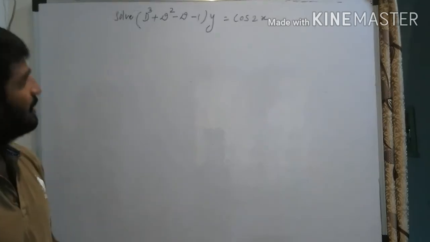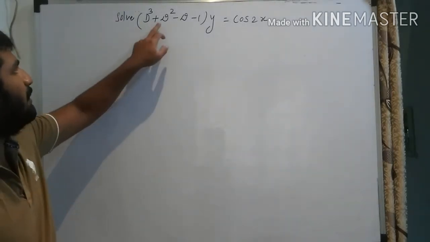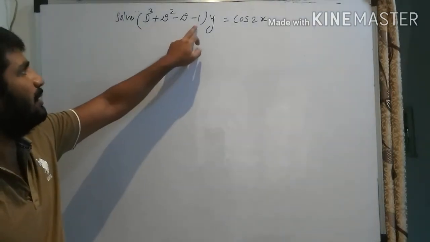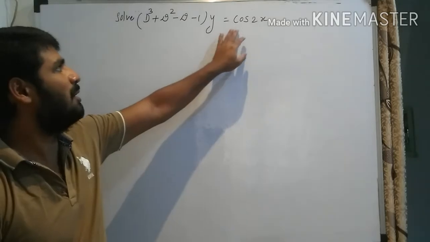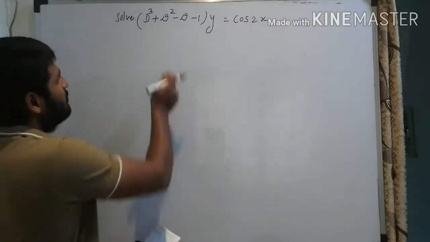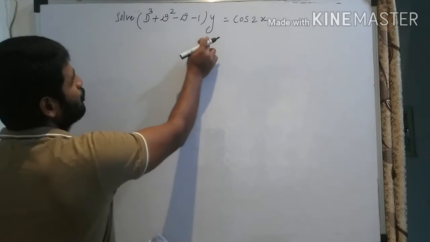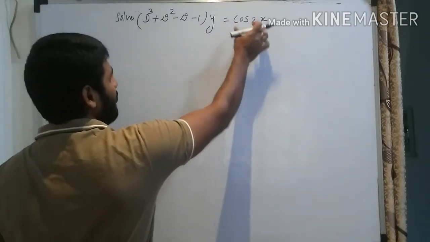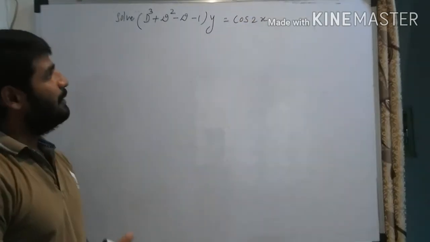This is the given differential equation. If we observe it, it is of the form f of d into y is equal to capital X, where capital X is provided, that is cos 2x.